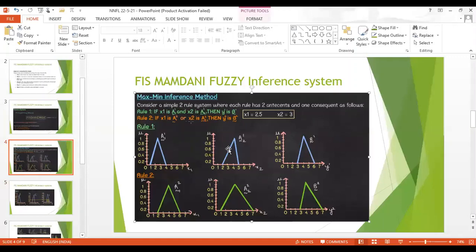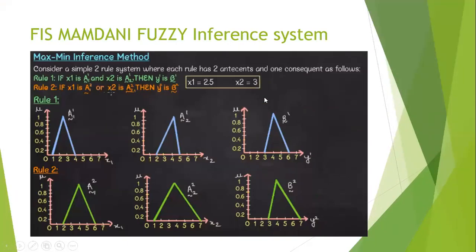We are considering same fuzzy rules. If x1 is a1, corresponding to x1 2.5, what is the corresponding membership function value.